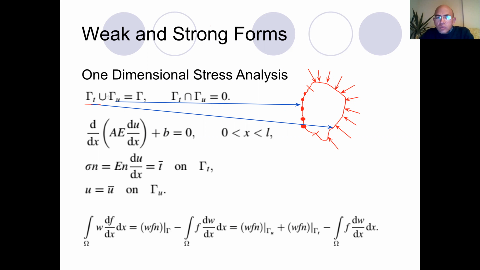And the union of these two forms the overall boundary. In fact, for the definition of the problem, the intersection of the traction boundary and the displacement boundary is zero. So they do not coincide, which means you cannot define the displacement and the traction boundary on the same place. So this is what it means.